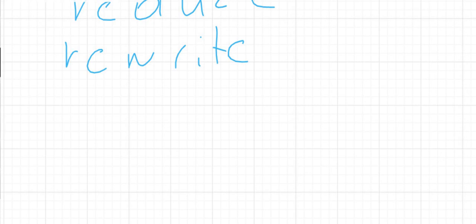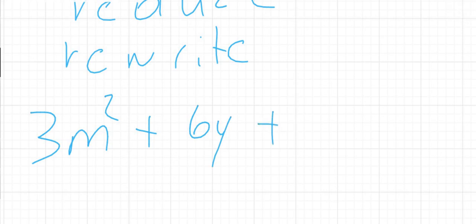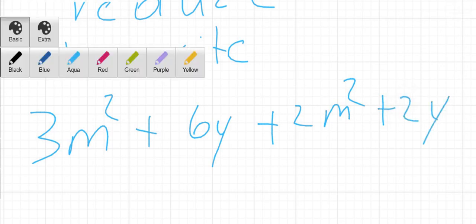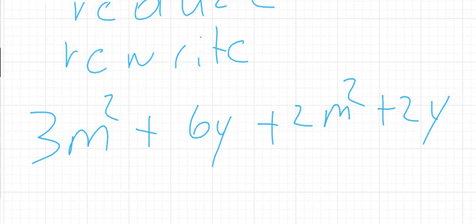Well, let us look at an example. If I have 3m squared plus 6y plus, say, 2m squared plus 2y. Now, like terms share the same variables and powers.